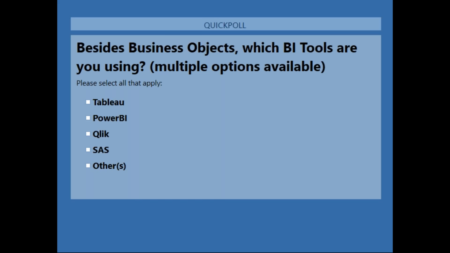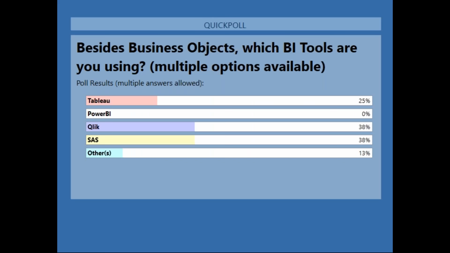It's always interesting to know which other tools are used out there. We're obviously quite aware that BusinessObjects is not the only BI tool for some of you. Okay, that's great. We'll close this now and share the result. It's a bit different today. We ask this question every webinar, and normally Tableau and Power BI are way up there, but interestingly, Qlik and SAS are quite a bit higher today. Thank you everybody for voting.